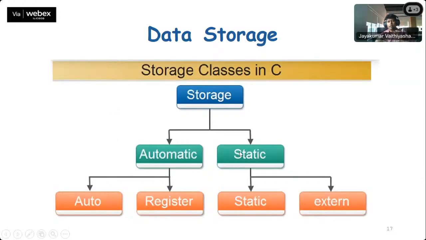If you are running a program which demands memory at runtime, then you can go for automatic, like auto and register. If you already know your data, if it is static, then you can go for static or external. So this is the basic storage class in C.